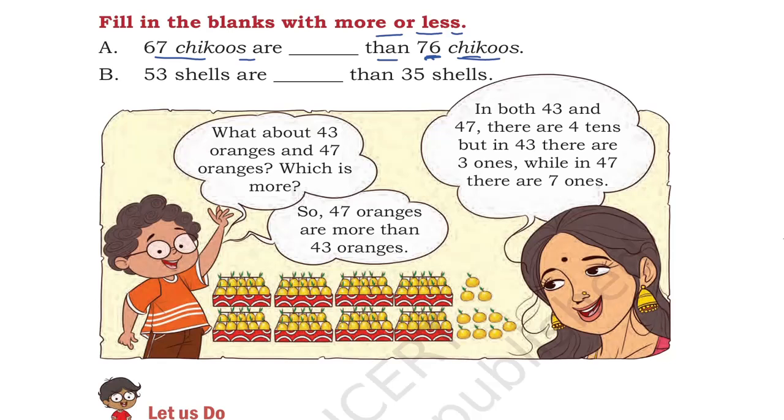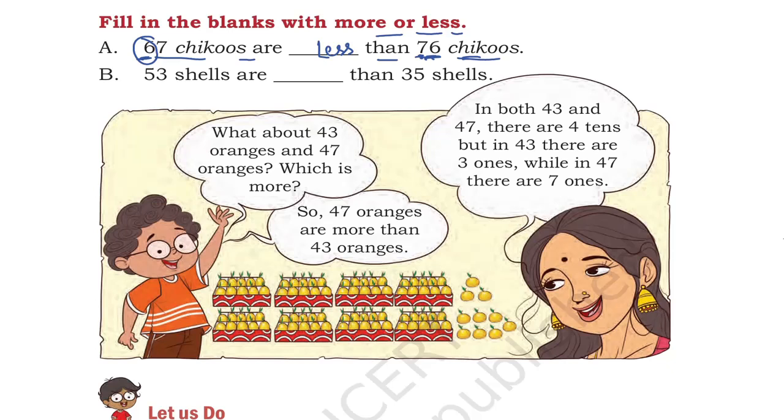How do we find out? In the tens place, we have 6 here and 7 here. Is 7 more than 6 or less than 6? 67 chikus are less than 76 chikus because 6 is less than 7.